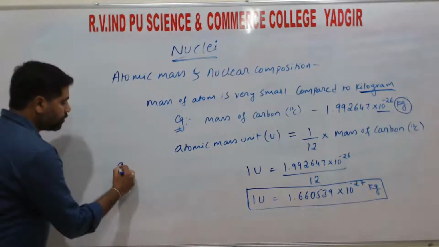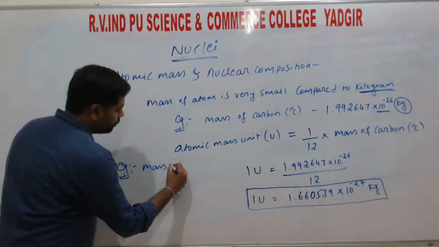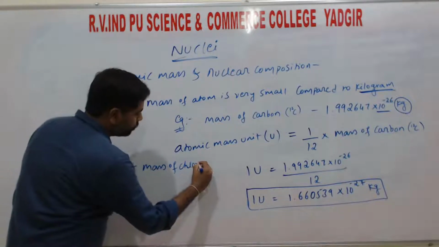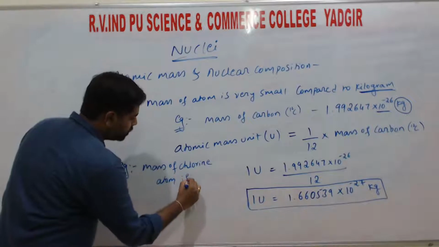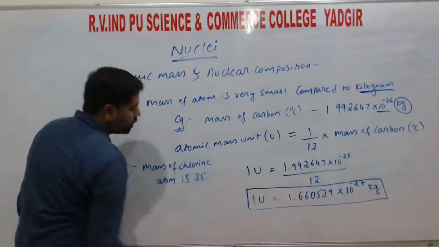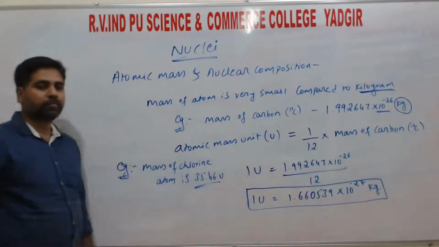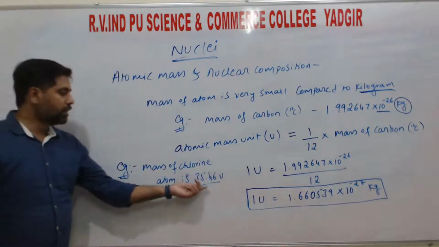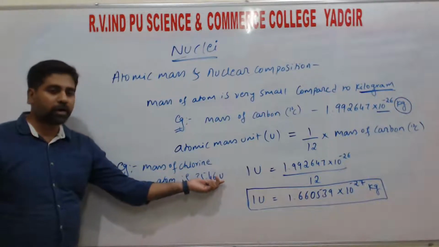For example, the mass of the chlorine atom is 35.46 U, right? In the easiest form, we can write the mass of the chlorine atom as 35.46.